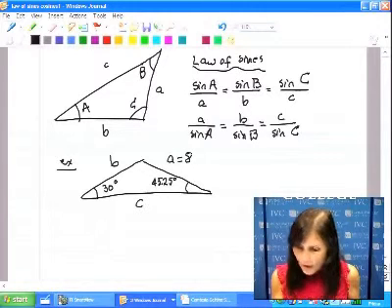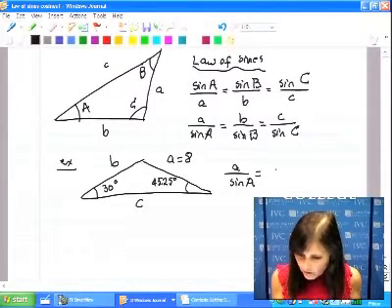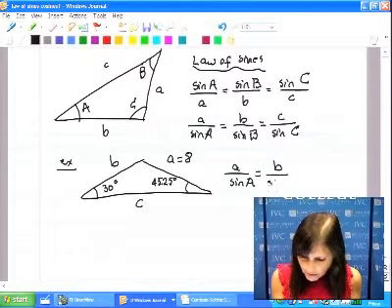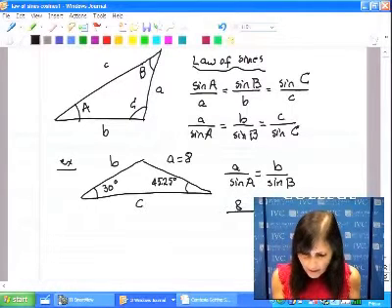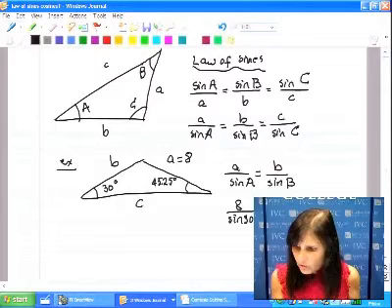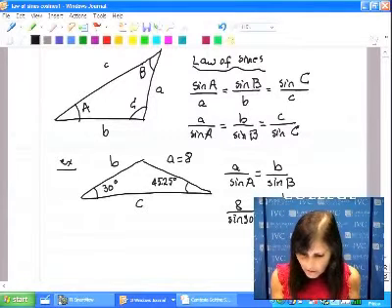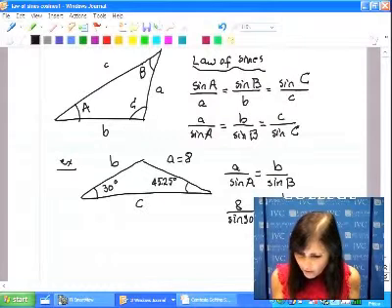Okay? So I write little a over sine A, and that's going to be little b over sine B. Okay, which one is little a? That's going to be 8, and A opposite of that is going to be sine of 30, and that's going to be b over, opposite of that, sine of 45.25.